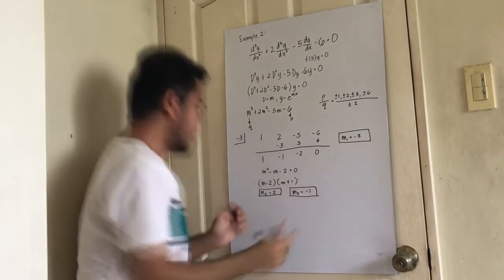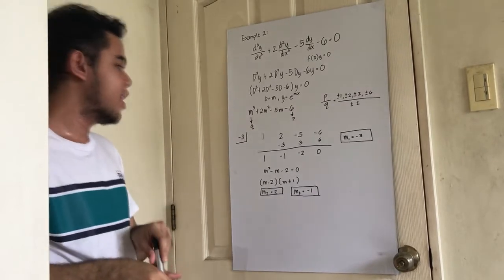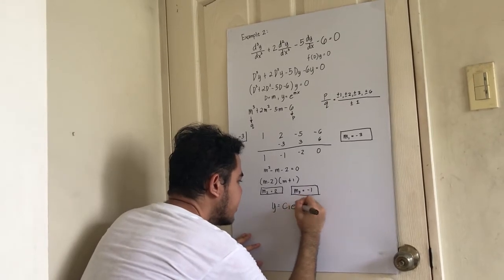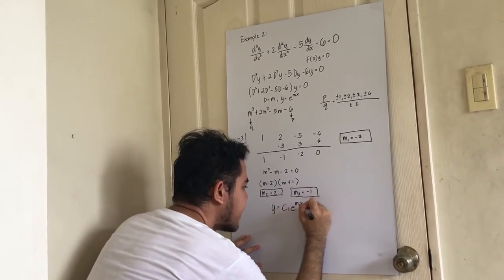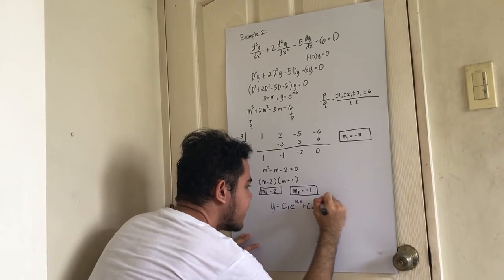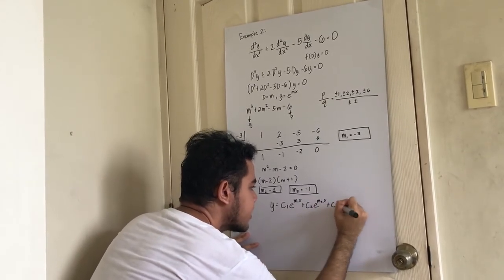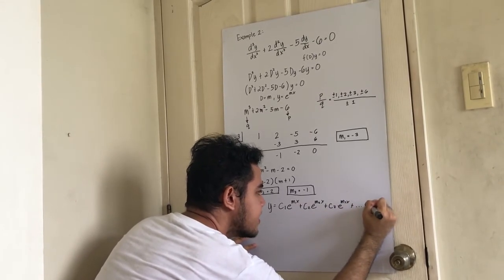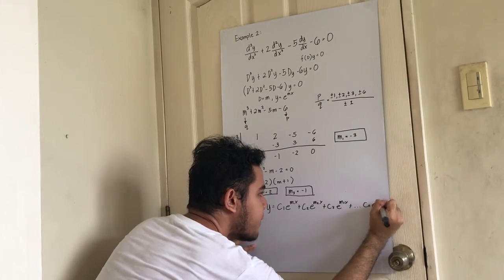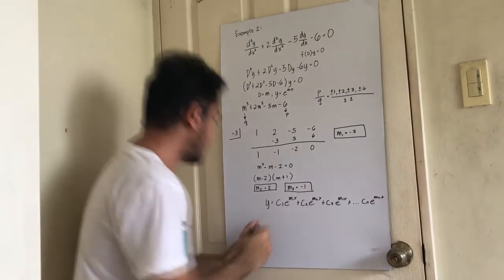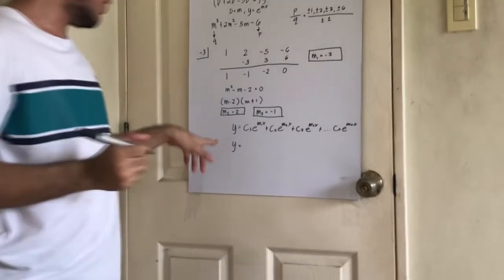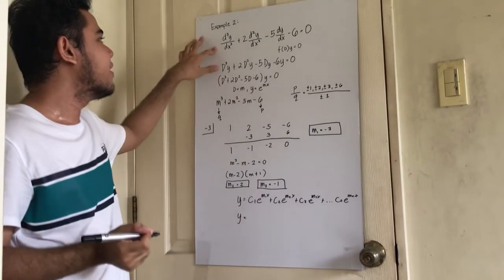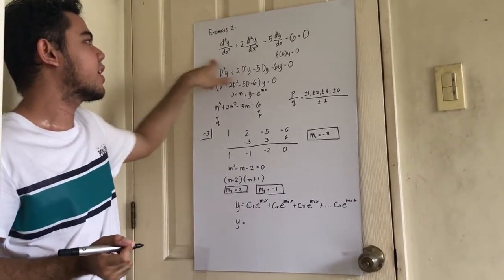So, just plug it into the general formula mentioned earlier, y, which is equal to c1 e raised to the power of m1x plus c2 e raised to the power of m2x plus c3 e raised to the power of m3x, and so on and so forth, up to cn e raised to the power of mnx. So this is the y. The y here is not always y; it depends on what the dependent variable is in the given equation.